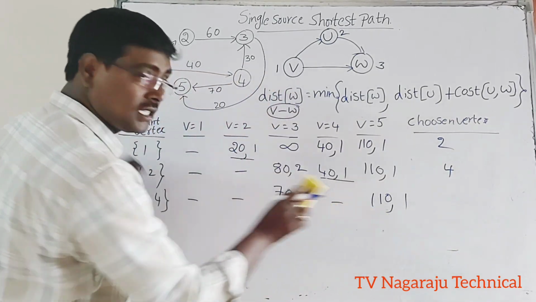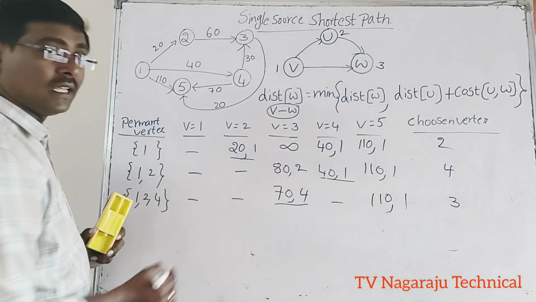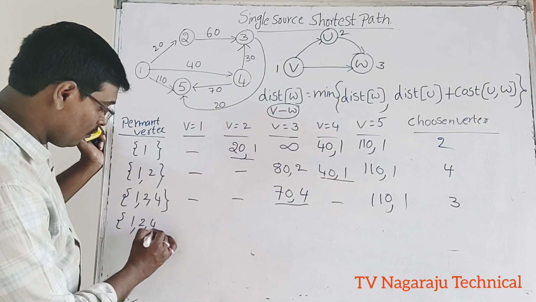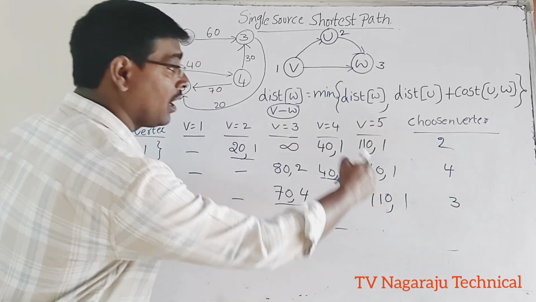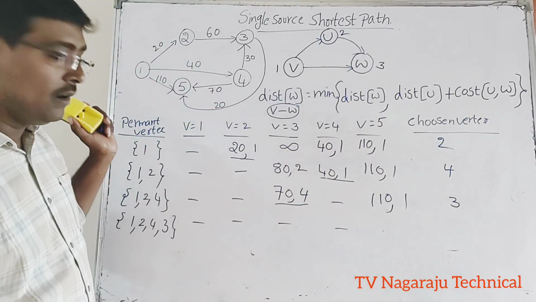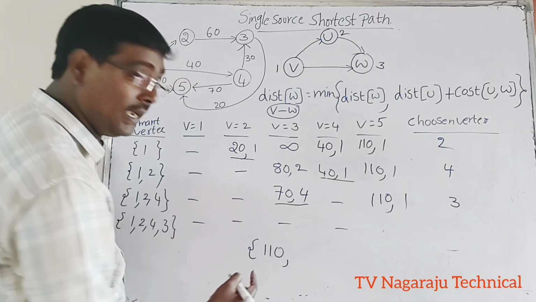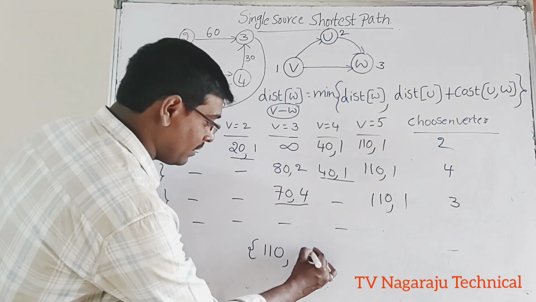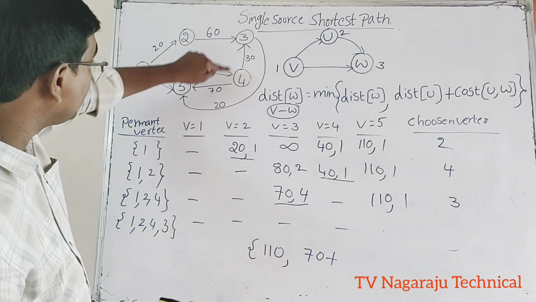Now in this, what is the vertex you are selecting? You are selecting vertex number 3. So 1, 2, 4, 3. This is completed. Now calculate 5. The previous value is 110. Up to 3, what is the cost? 70 plus 3 to 5. Is any edge there?